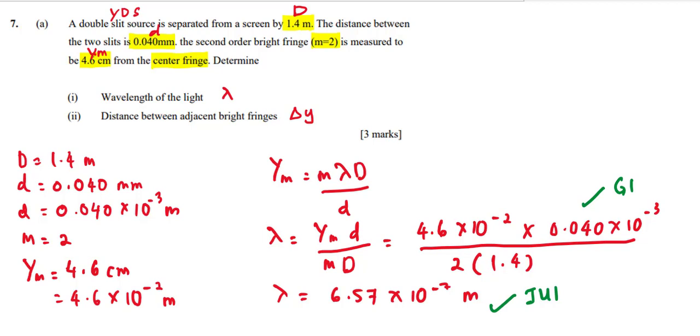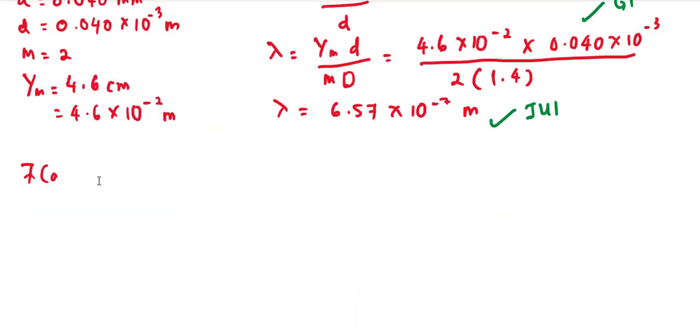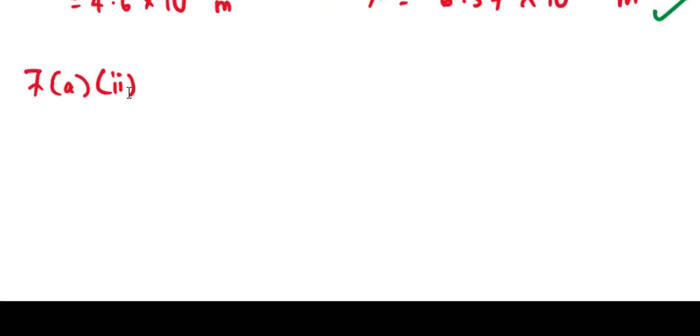Then we are to determine the distance between adjacent bright fringes, 7A2. We have the formula delta y equals lambda D over d.